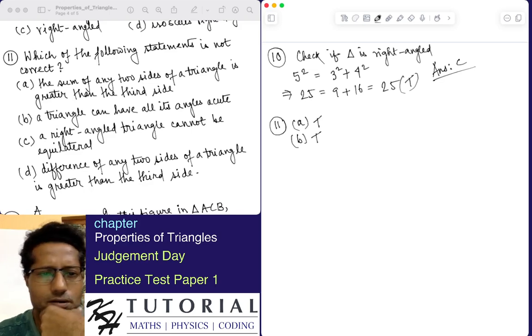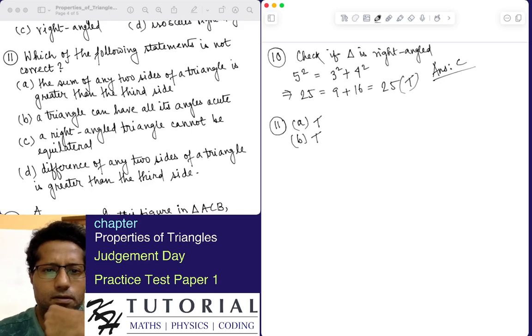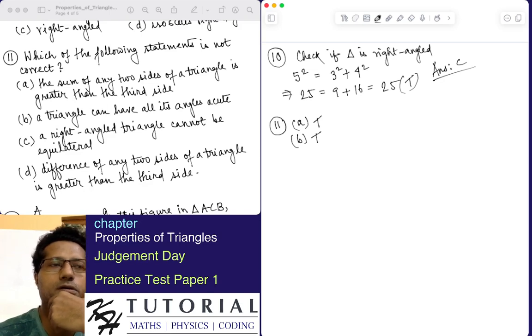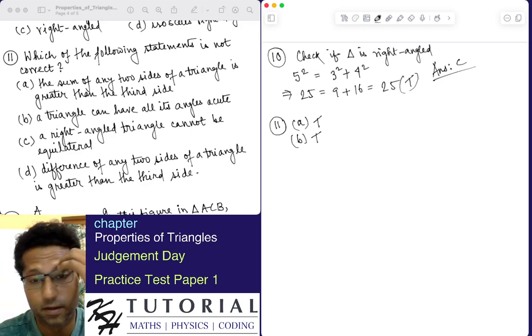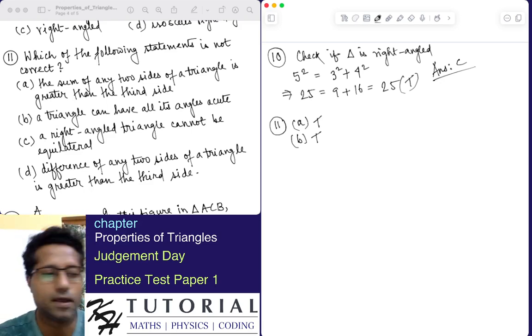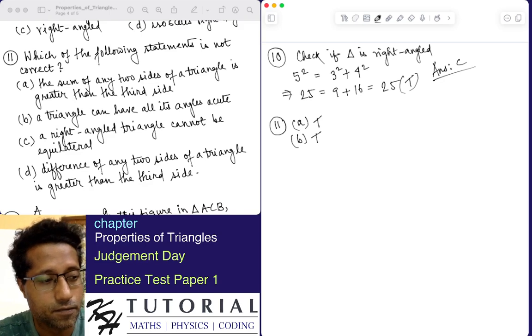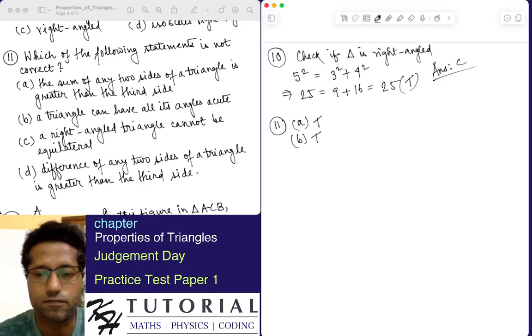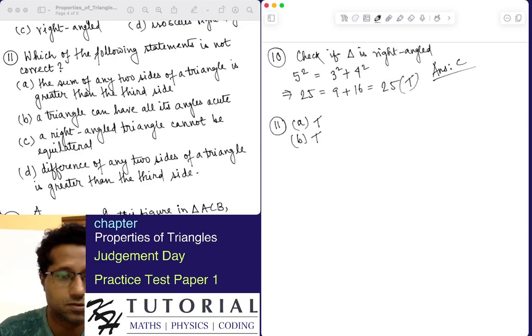I cannot currently figure out an example where all the angles are acute and their sum is 180 degree, but surely such a triangle exists. So B is true.